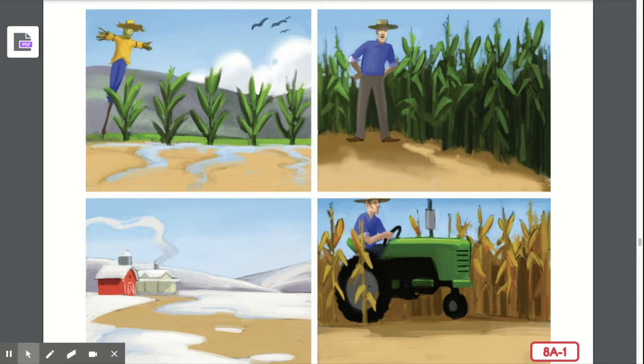Can you name the 4 seasons in order? Did you say spring, summer, fall, and winter?